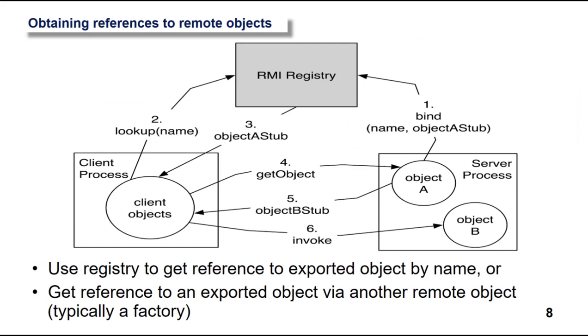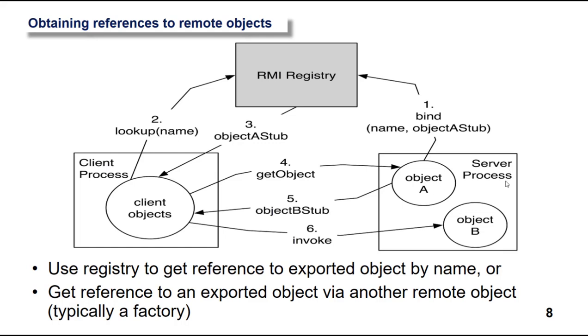Okay, so how do we obtain references to remote objects? We've got two processes in this example: a client process on the left-hand side and a server process on the right-hand side. The server process has two objects, object A and object B, which the client wants to make use of to run some of the methods they provide.